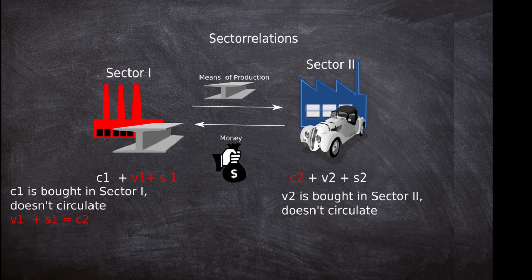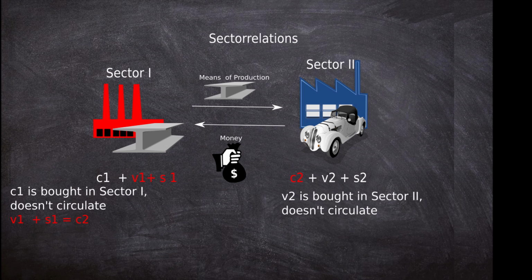Sector 1 can only make money by selling their means of production to some other sector. And, well, the only sector capable of buying it would be Sector 2, since Sector 2 needs to use means of production in order to produce articles of consumption.